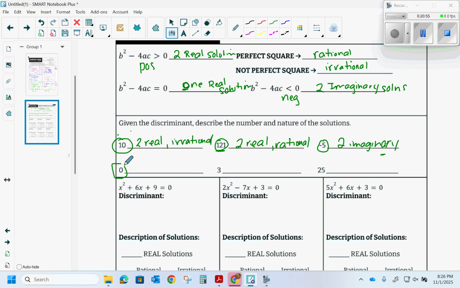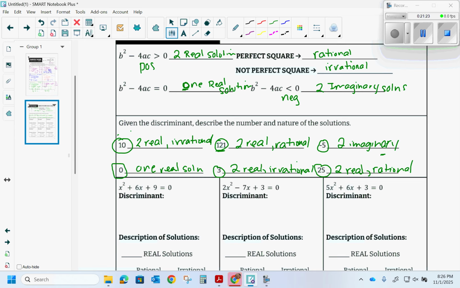If the discriminant is 0, there's one real solution. If the discriminant is 3, that means it's positive, so there are two real solutions, and that's not a perfect square, so they're irrational. Here's another perfect square. It's positive, so two real, and these are going to be rational.